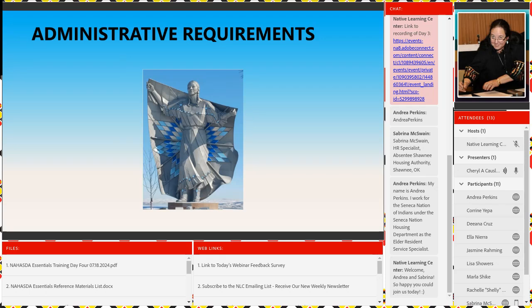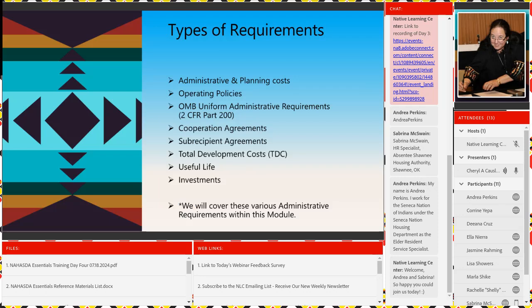So some of that, the administrative requirements, we have a lot. Remember, we started out the first day saying we're the most heavily regulated of the programs that your tribe will offer. The types of requirements: administrative and planning cost, operating policies.